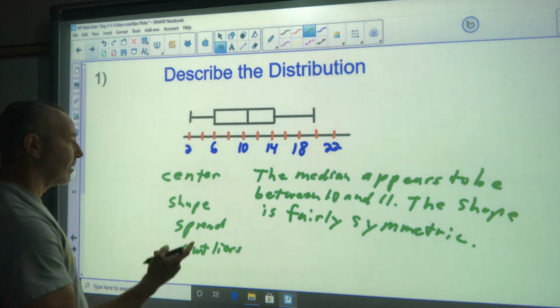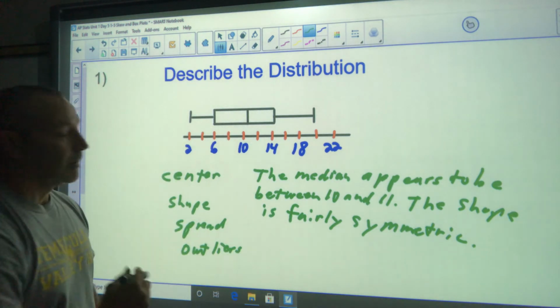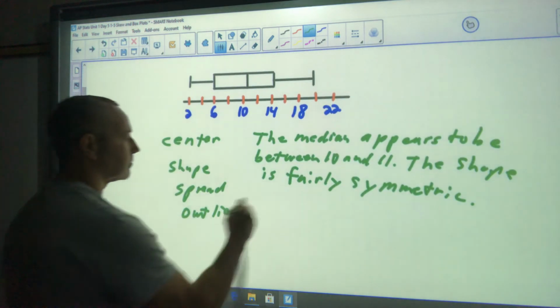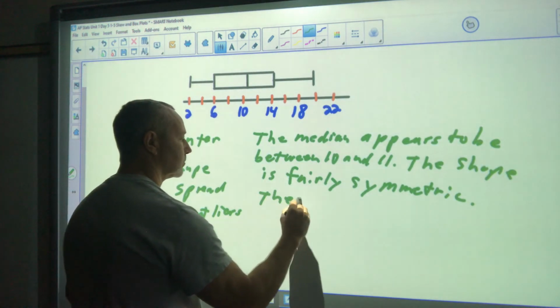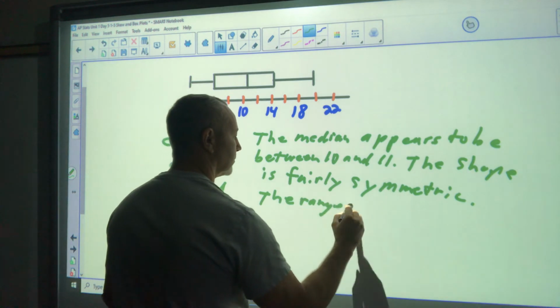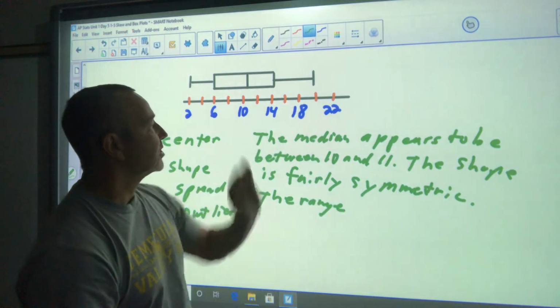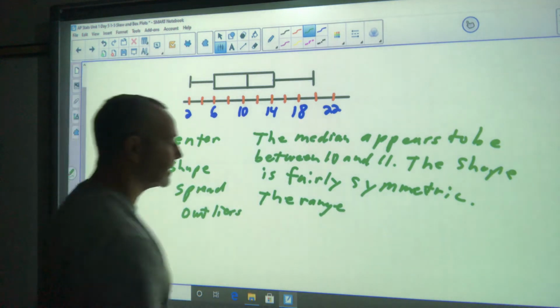Finally, we talk about spread and outliers. So we're going to talk about the range. It looks like it goes from 2 to 20. 20 minus 2 would be 18.